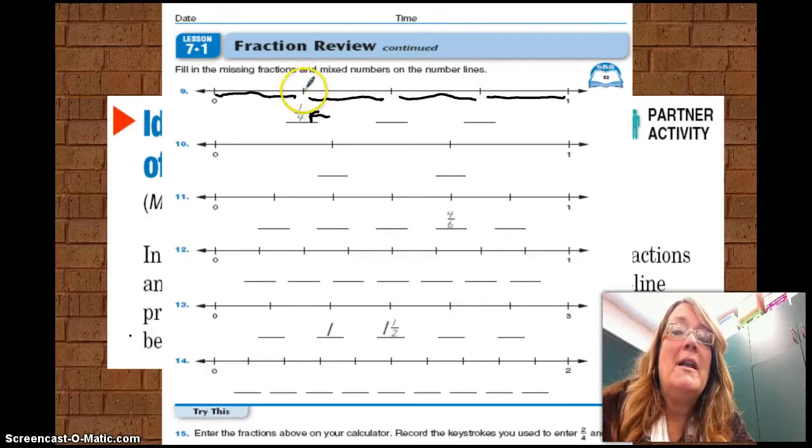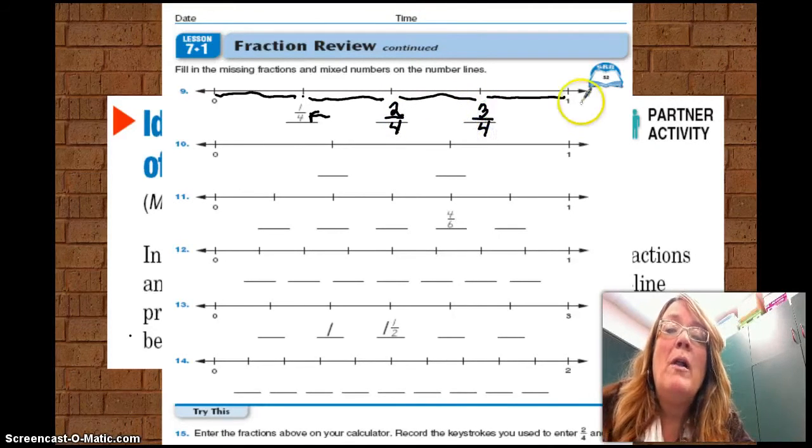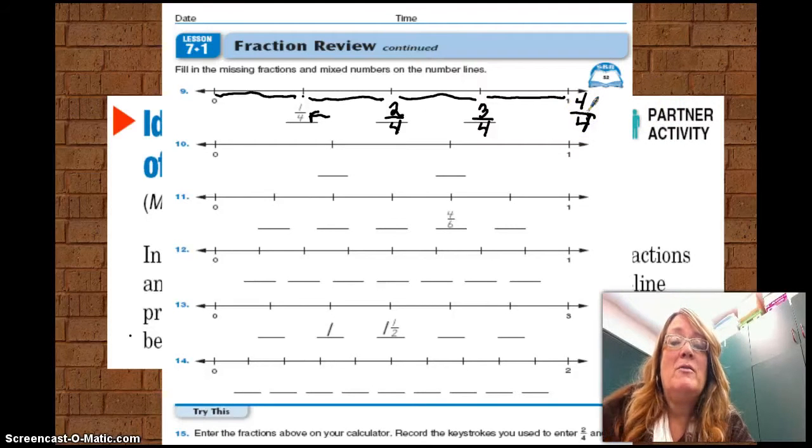If this line is 1/4, this one then would be 2/4 or a half. This one would be 3/4. And a whole is when the top number, the numerator, and the bottom number, the denominator, are exactly the same. That is when it becomes the whole, or 4/4. I would like you to try now to go ahead and finish the rest of these on this page.